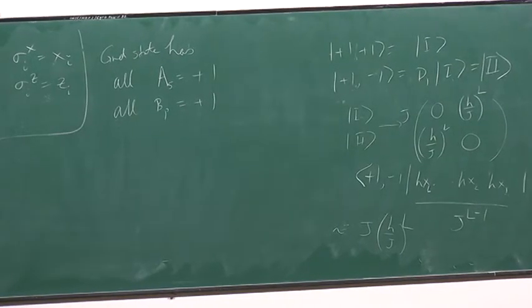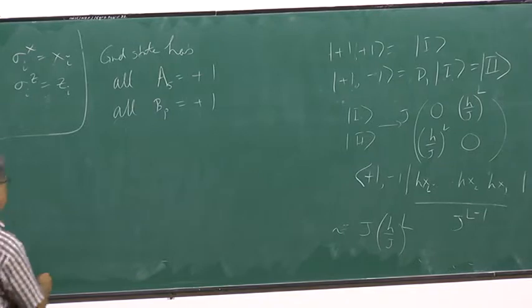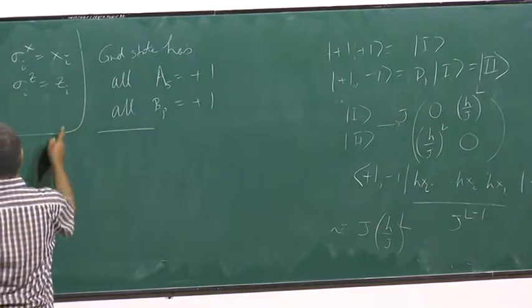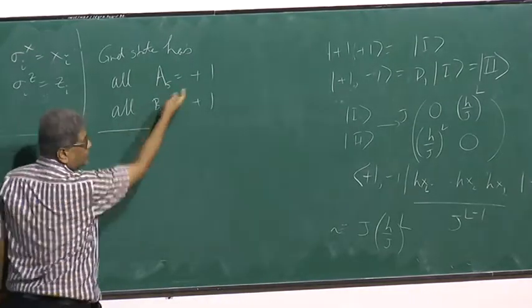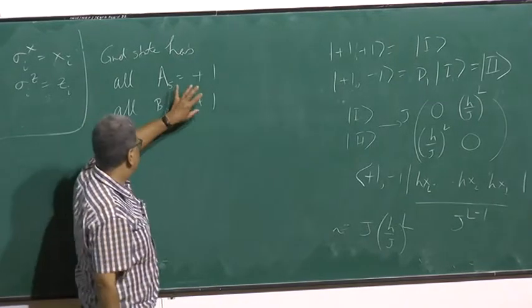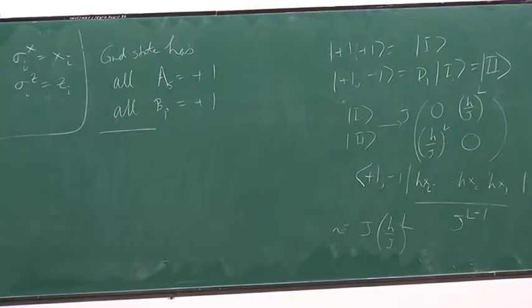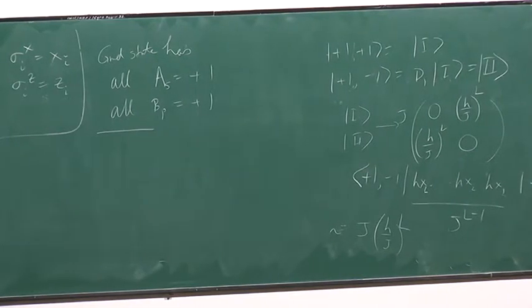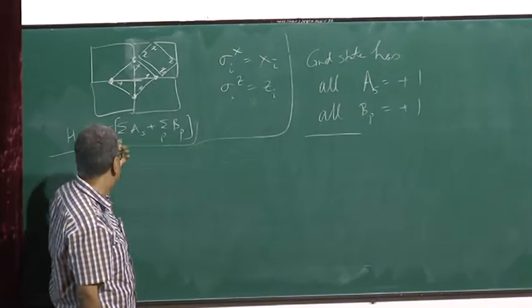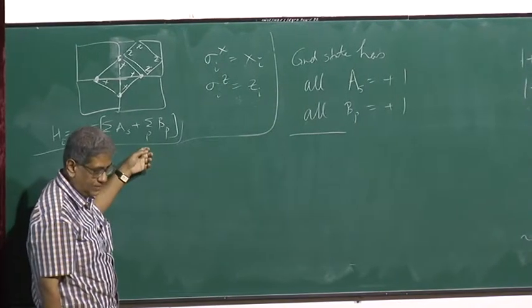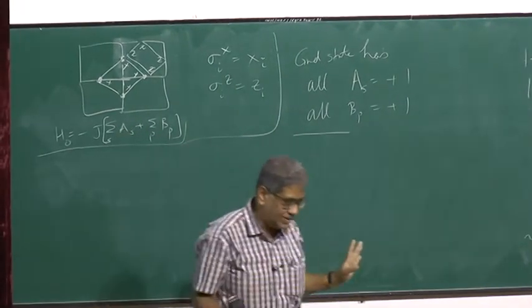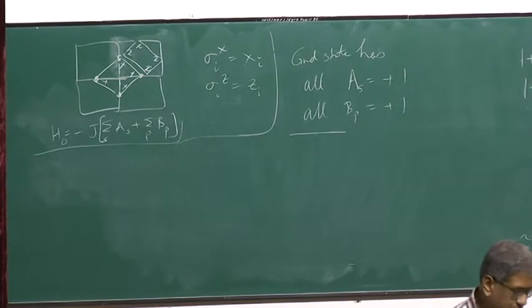Now, let us look at an excited state. It is clear that if I take only one of them and flip it from plus 1 to minus 1, then that is going to be an excited state. In fact, it will have an energy which is 2j more than the ground state. So this is a system which is gapped to all excitations.